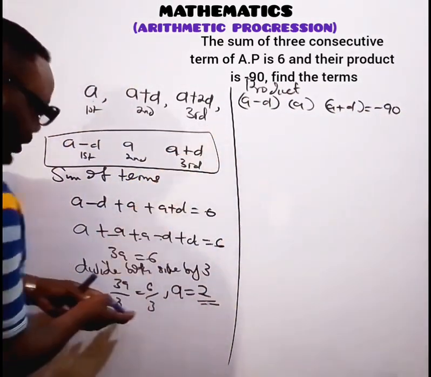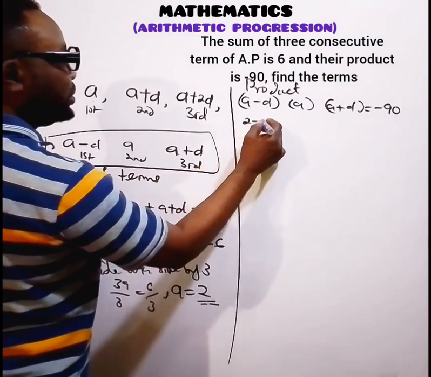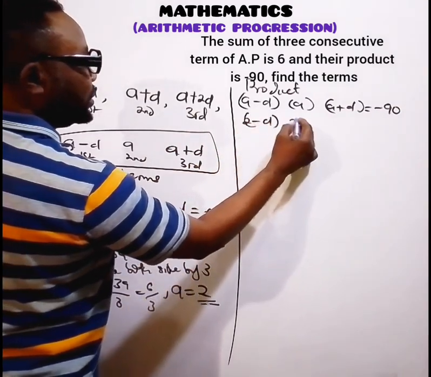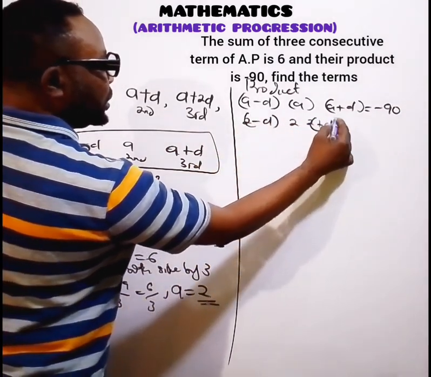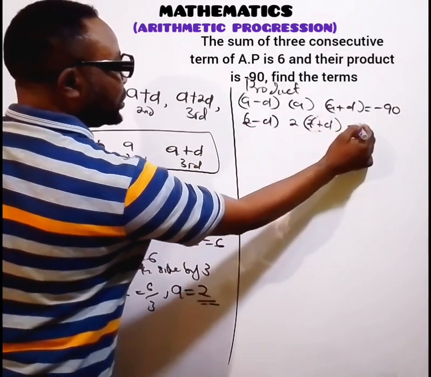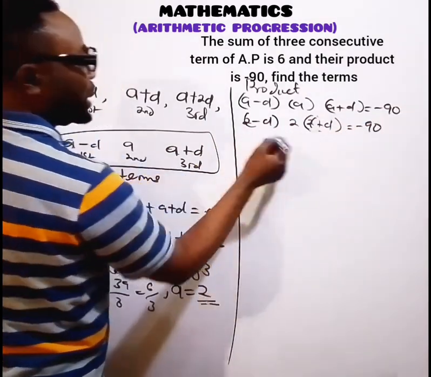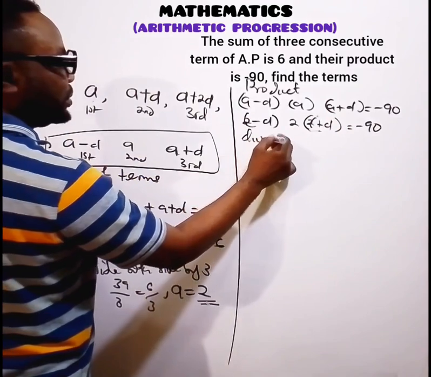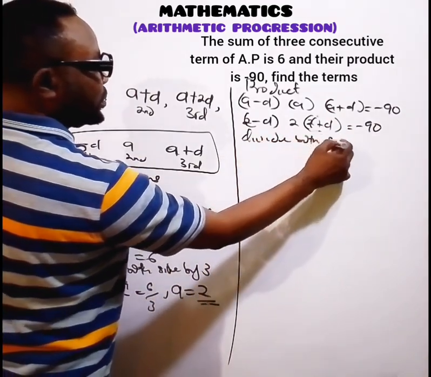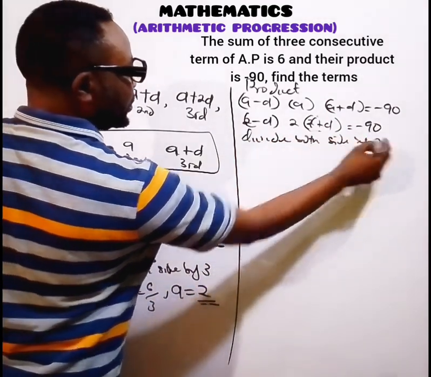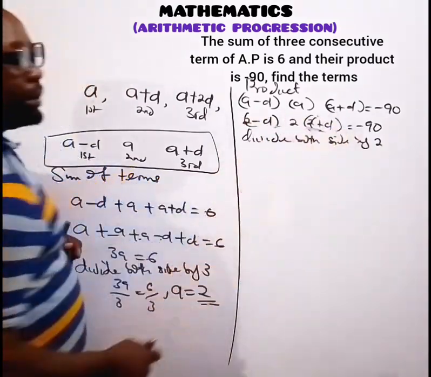Now, what is the value of A? 2 minus D, 2 plus D is equal to minus 90. So we can divide both sides by 2, because all these are multiplied by one another.